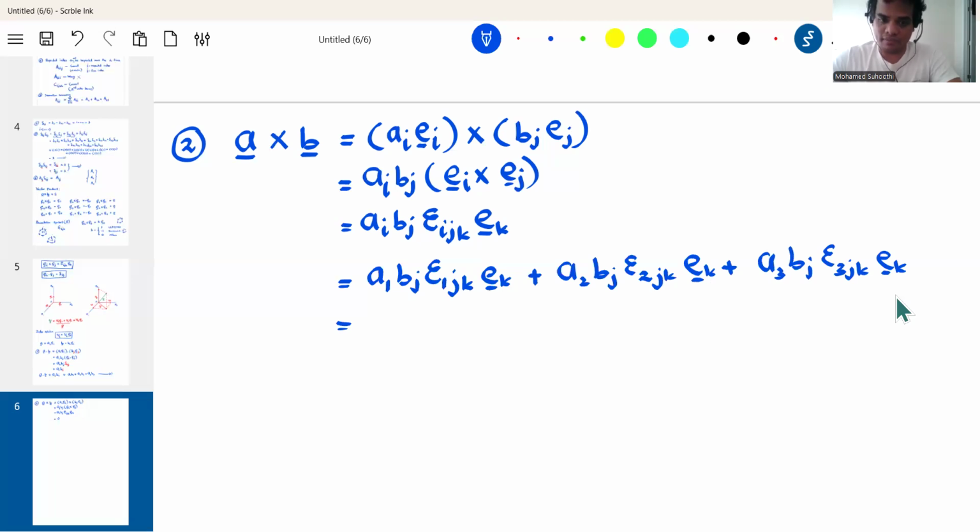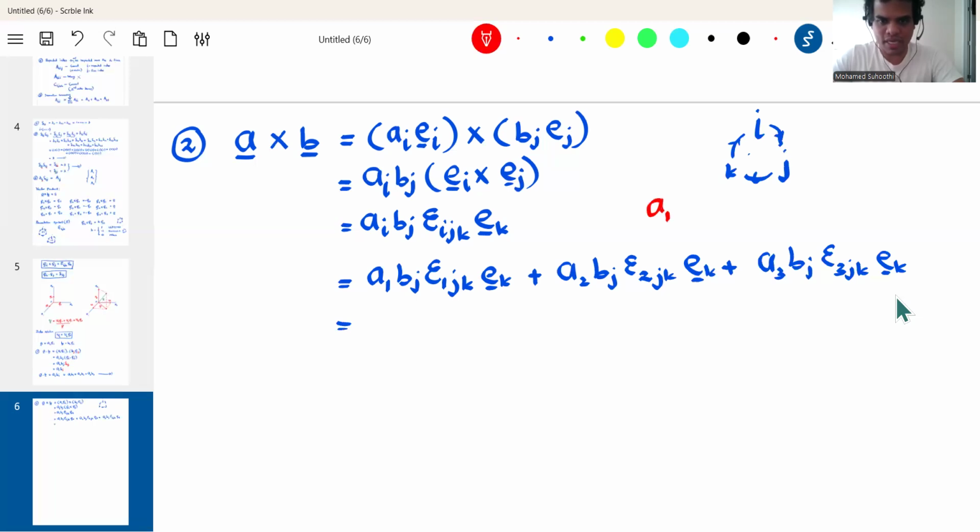Let's do it for j. Remember, I'm going to use this rule: ijk in this order is +1, the opposite way is -1, and any other order is 0.